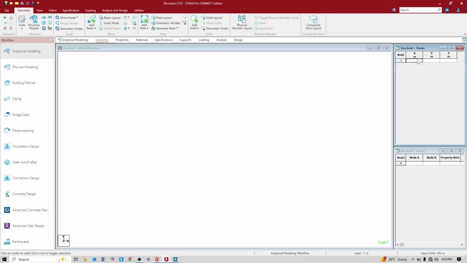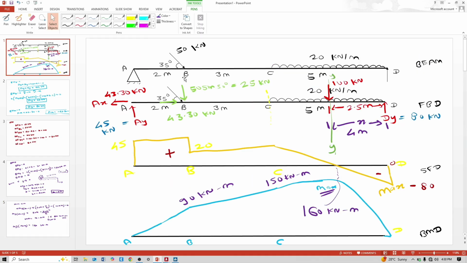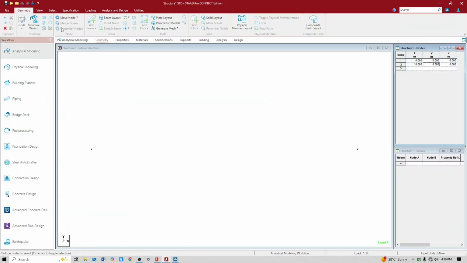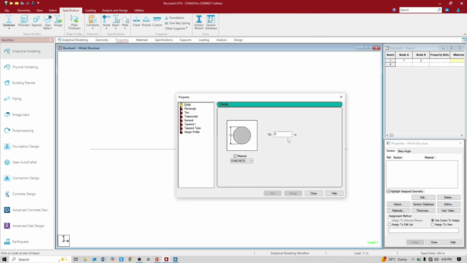So our beam total length is 10 meter. Define some properties.